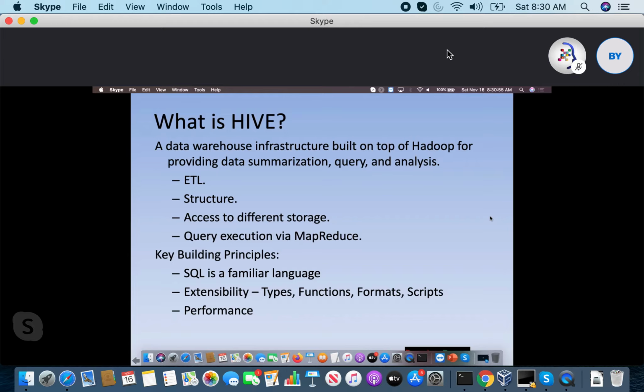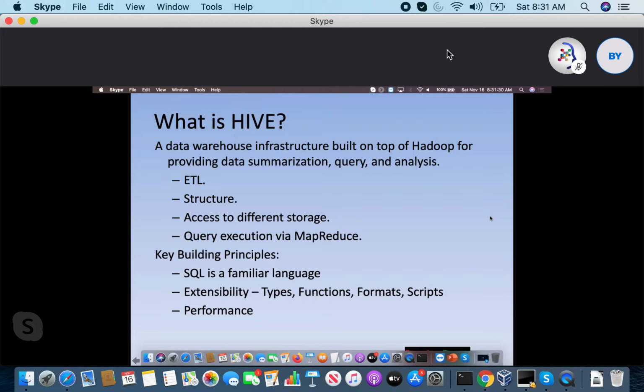Right. Next one. This is a very, very important point, which till now for the other batches it was not relevant. That's why I told you. Access to different storage. See the beauty. This is where innovation is. When Facebook created that, they could have easily created this particular relational structure pointing to HDFS. You know what they did? They created it in such a way that, okay, today you came up with HDFS, today I will give you a tabular view of this.